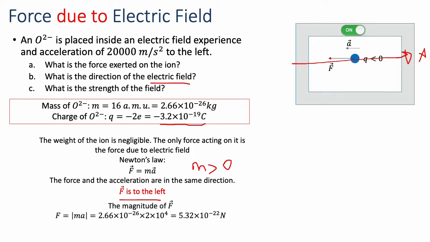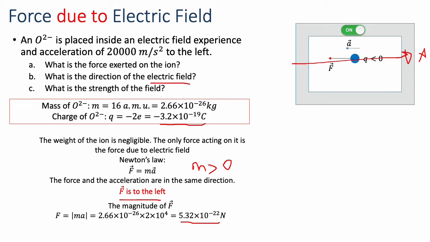So I can say that the magnitude of F is equal to the absolute value of ma. So I don't really care about the direction. I have the mass and the acceleration, so I can find the force. This is still a very small force, right? It's 10 to the negative 22. But it is significantly larger than what the weight of the ion would be.